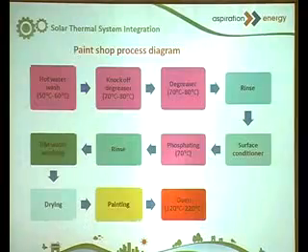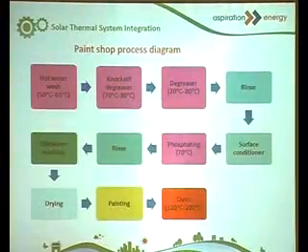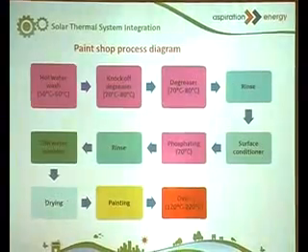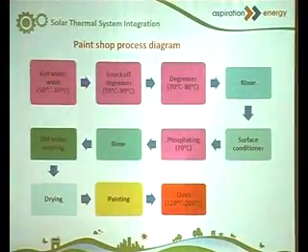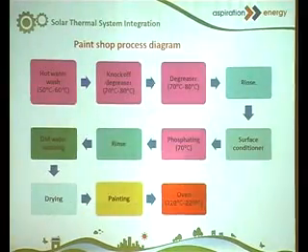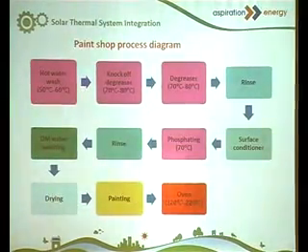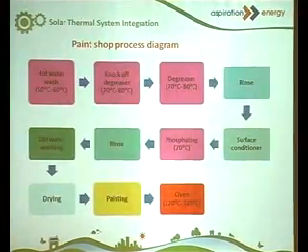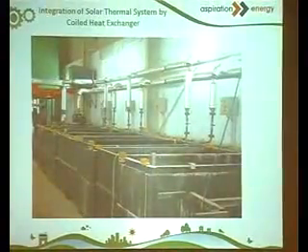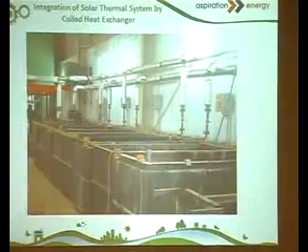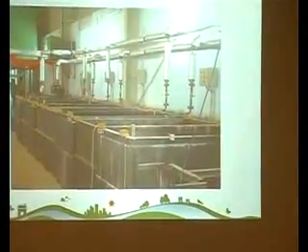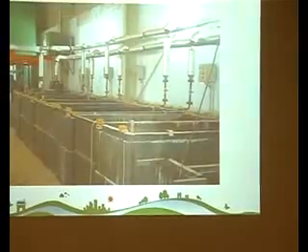Normally the paint shop process diagram will be first wash, then knock off degreasing, degreasing and rinse, after that phosphating, and this process will come to an end with oven packing. This is the normal pre-treatment tank facility everywhere in industry for painting purposes.